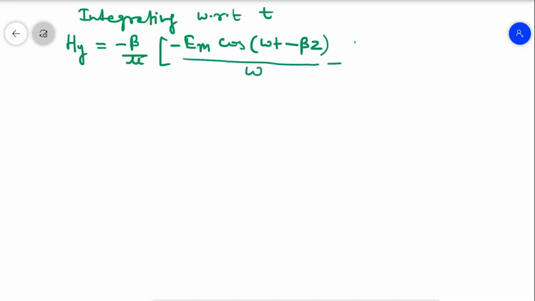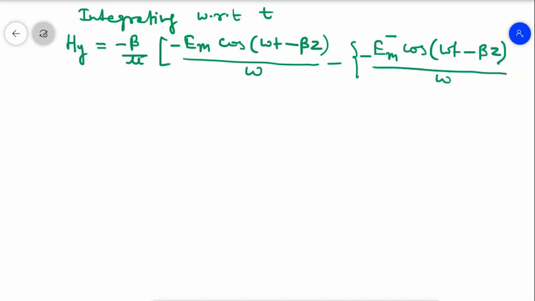This is simply the integration with respect to t. Okay. So if you do it by yourself, you will get the same result upon omega.